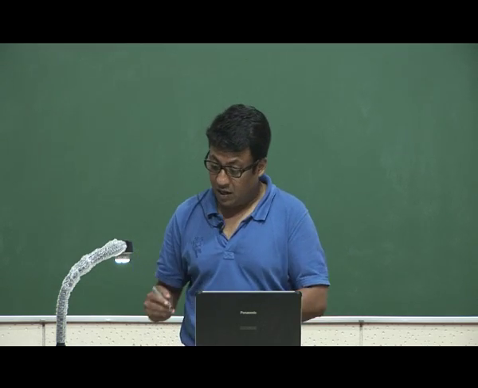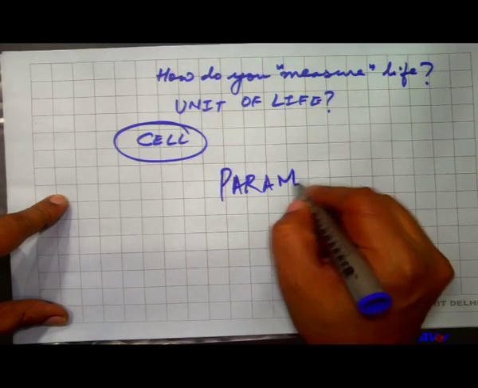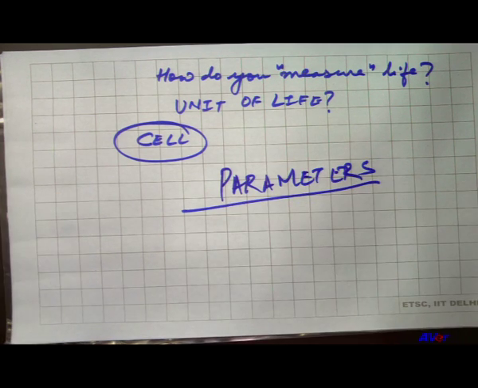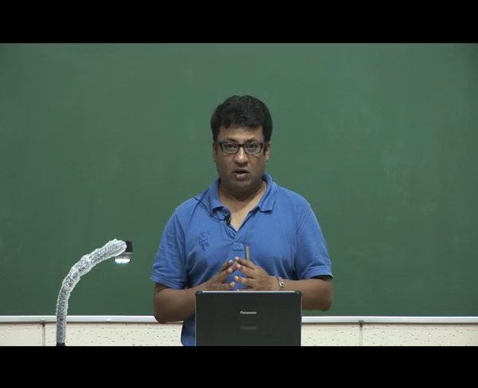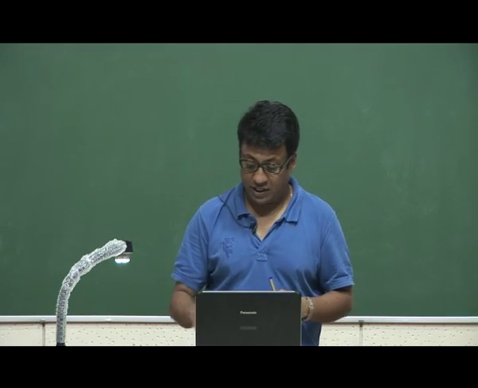Understand them in terms of defining parameters, and each parameter will be served by what defines a unit of life. Once you start thinking this way, you will not have to memorize a single aspect of cell biology. You will actually learn how to proceed logically in it.